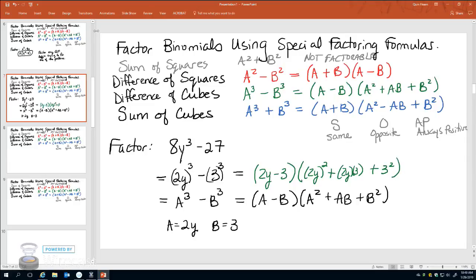Okay, so obviously we don't want to leave our answer looking like that. So coming down below here, the 2y minus 3 looks good, but we need to work this out a little bit. 2y quantity squared is going to be 4y squared, plus 2y times 3 is going to be 6y, plus, here we have a 9.